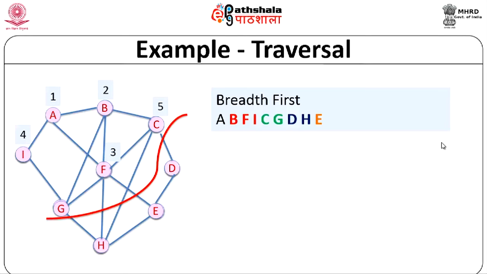Next I have finished C and G. Now, the next I have to take is F. From F the neighbors are D and H. Of course, G and C are also neighbors, but those have already been visited. Remember, everywhere it is only those not yet visited. So, D and H are the next ones, and then finally 7, 8 and then E is visited. So, that is 9. So, this is the visiting order.